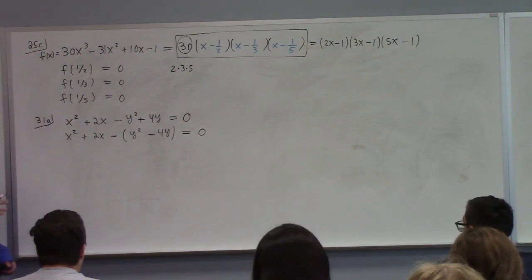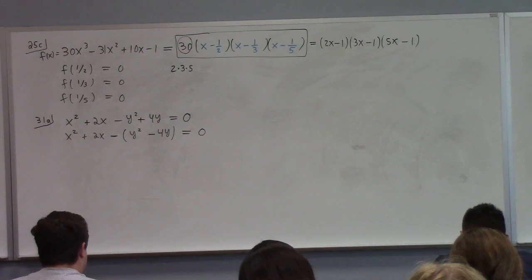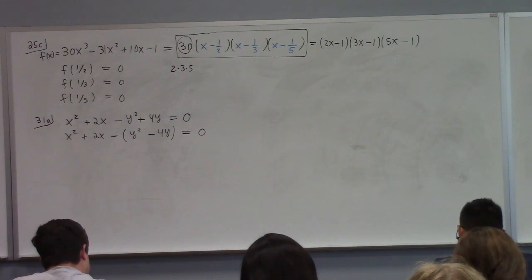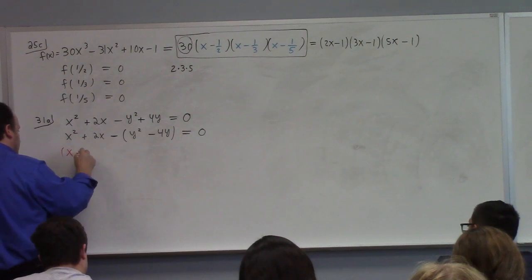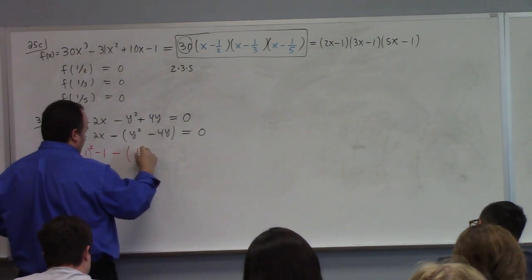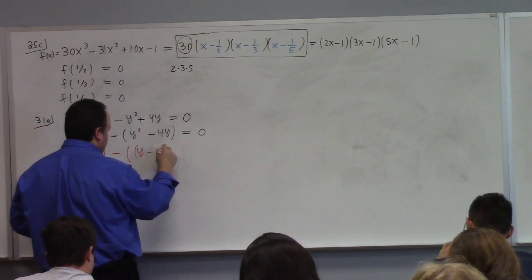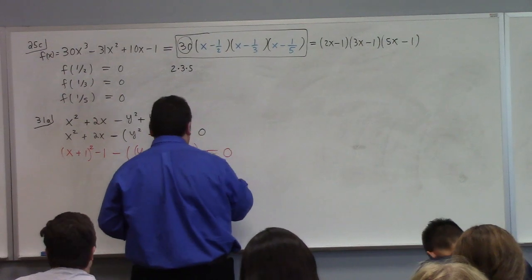Now that I've done that, I can complete the square in both x and y. Completing the square in x, we have x plus 1 squared minus 1. And then in y, I have y minus 2 squared minus 4. All of that's equal to 0.